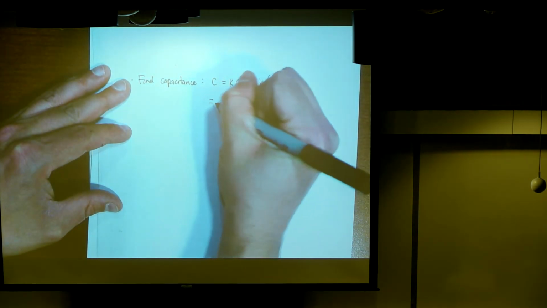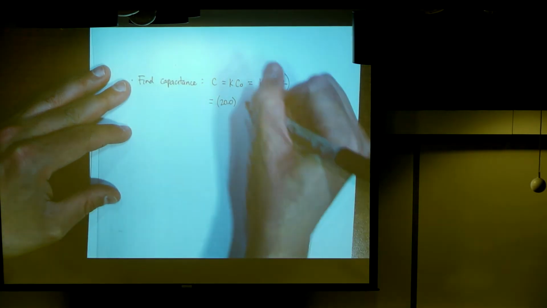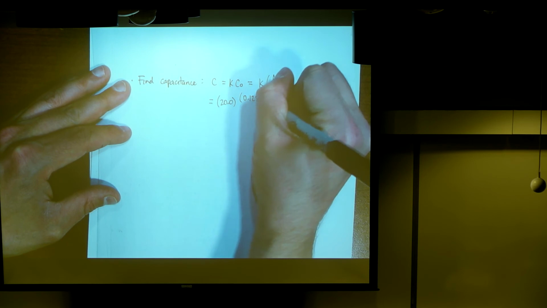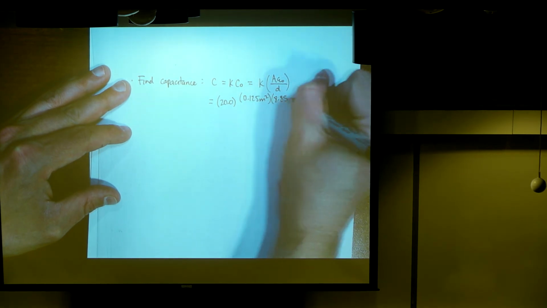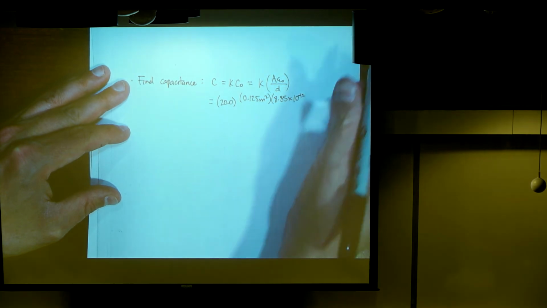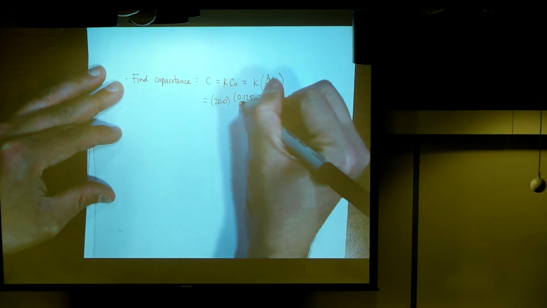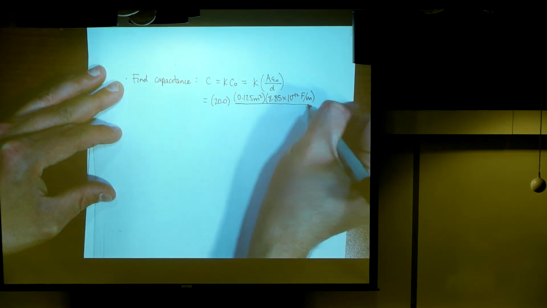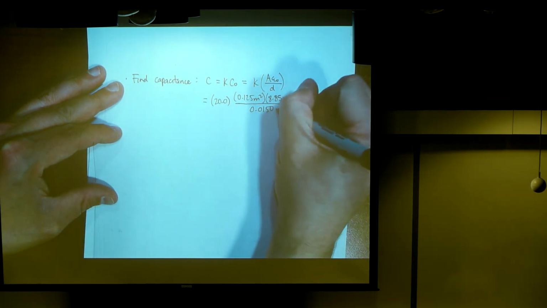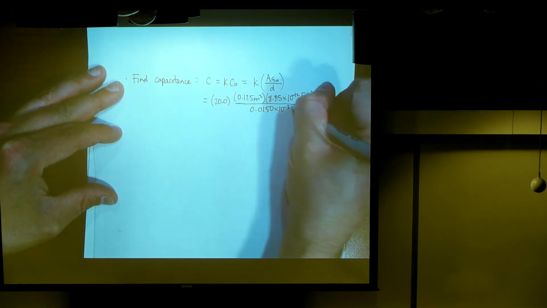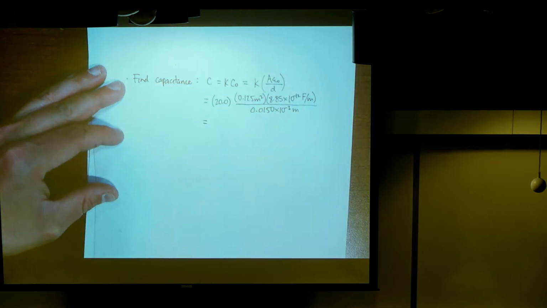So here's what we have. K is 20. The area is 0.125 square meters. Epsilon naught is 8.85 times 10 to the minus 12, and we can think of the units as farads per meter, if you recall. The distance between the plates is 0.0150 millimeters, so that's 10 to the minus 3 meters. Can someone work this out for me? What does that come out to?